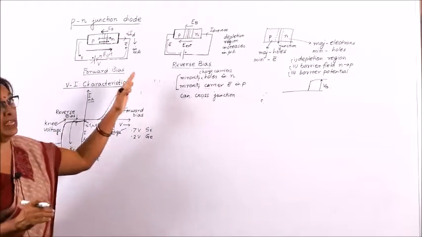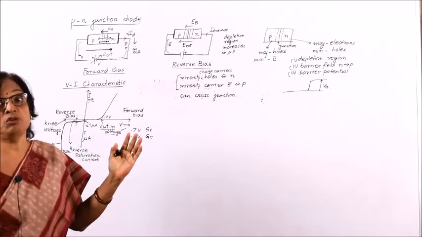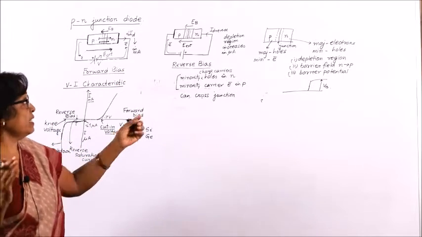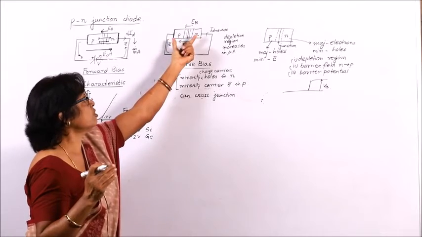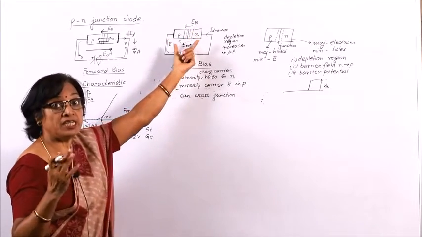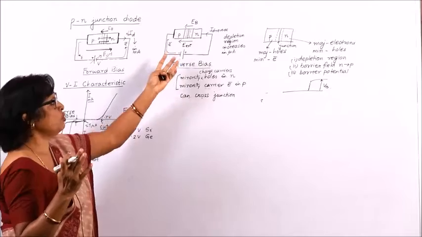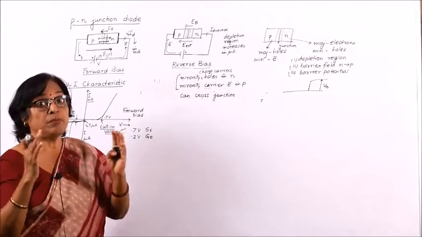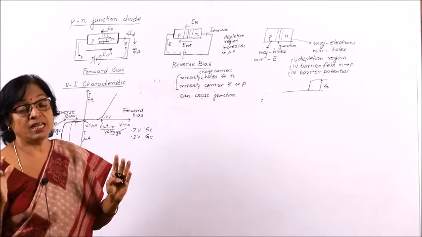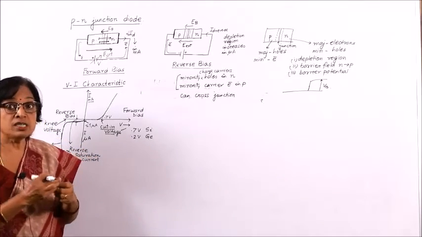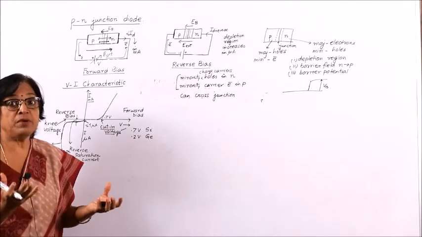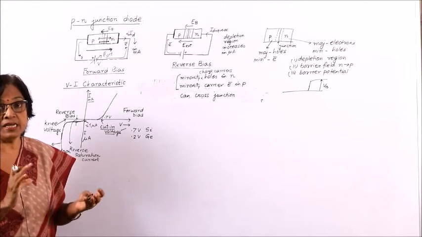In the reverse bias, if you go on increasing the voltage, what will happen? The depletion region increases, the barrier potential increases. As a result, with a large potential applied across the crystal, the covalent bonds start breaking. When covalent bonds break, electron and hole pairs are created.